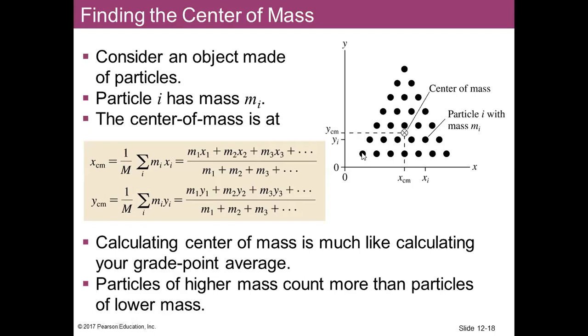If this is particle 1, y1 will be the distance from the x-axis up to the center of particle 1, and x1 will be the distance from the y-axis up to the center of particle 1. Then we can calculate the coordinates for the center of mass.